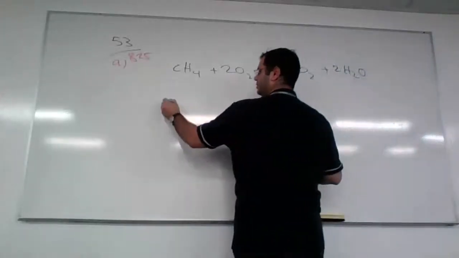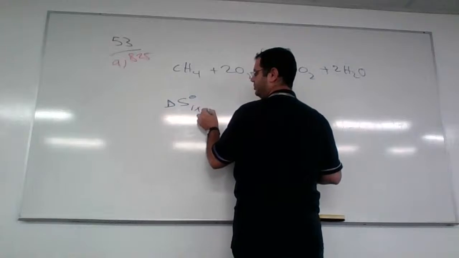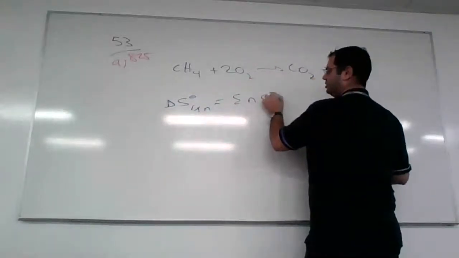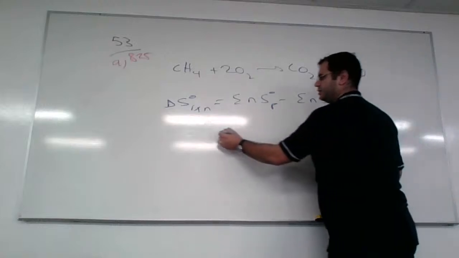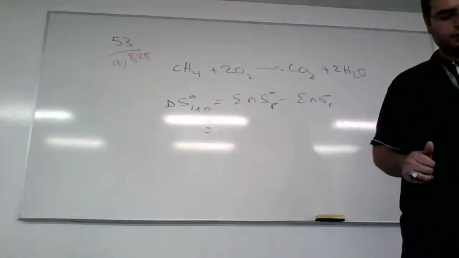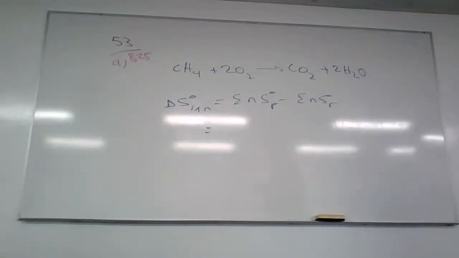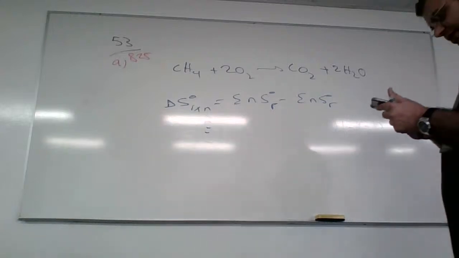So delta S naught for the reaction, Shabab, is the sum of n S naught for the products minus the sum of n S naught for the reactants. So let's start calculating now.